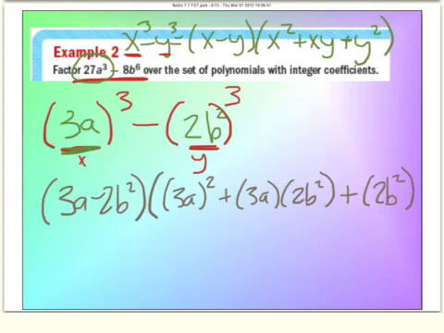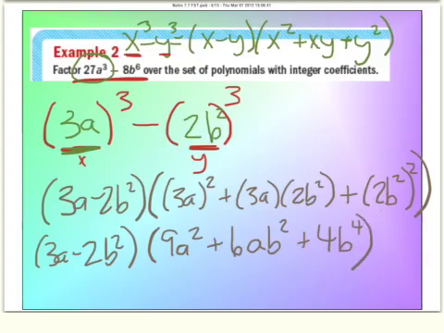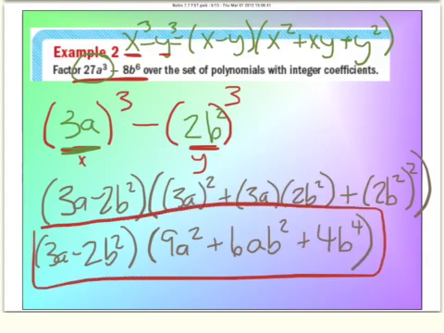Let's write the final format. To factor this completely, what we're going to have is 3a minus 2b squared, times 9a squared plus 6ab squared, and then this is going to leave us with 4b to the 4th power. The answer for factoring this, we could leave it in this format.